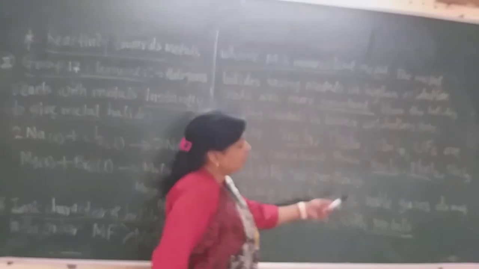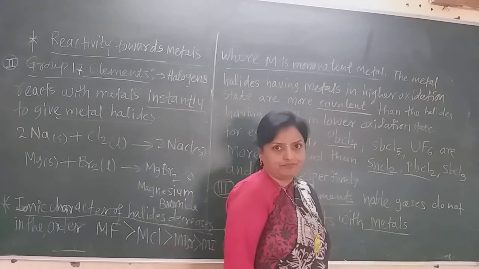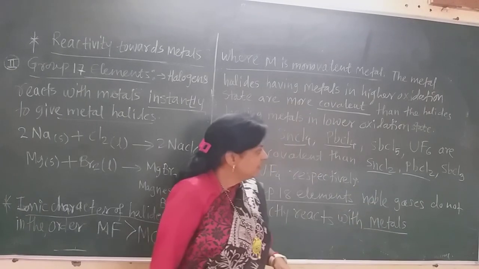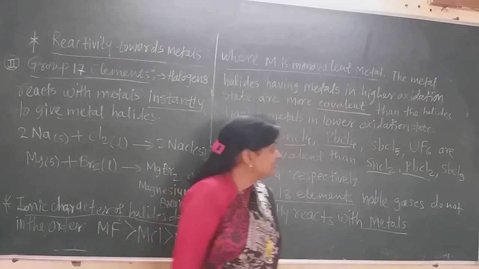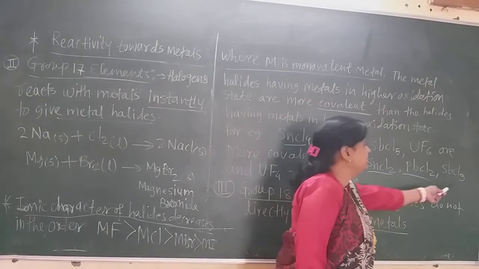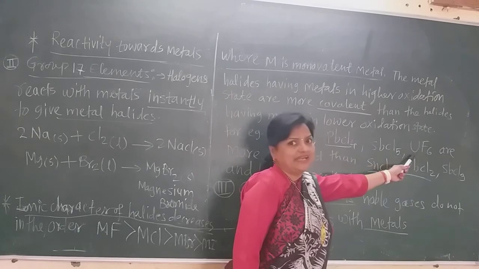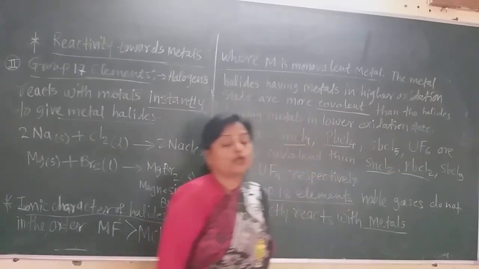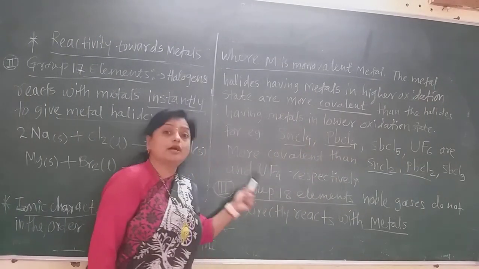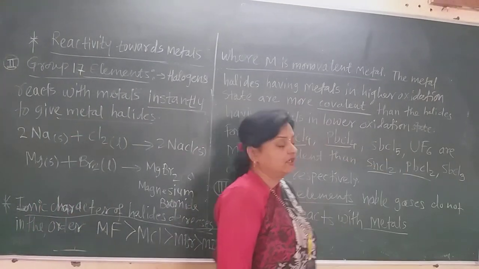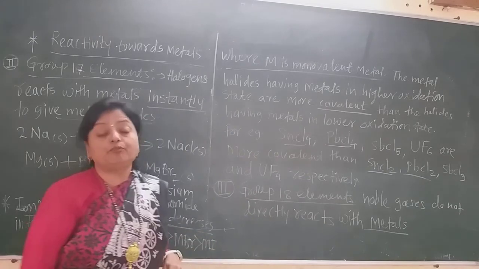Now antimony pentachloride is more covalent than antimony trichloride. Remember that. And uranium, also a metal: uranium hexafluoride is more covalent than uranium tetrafluoride. Here uranium is in the +6 state, and here only in the +4 state.